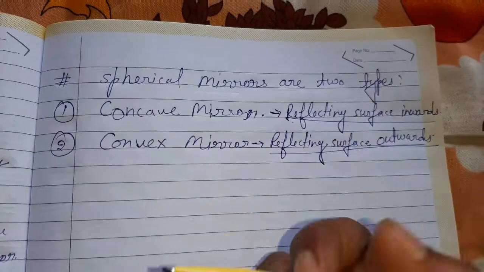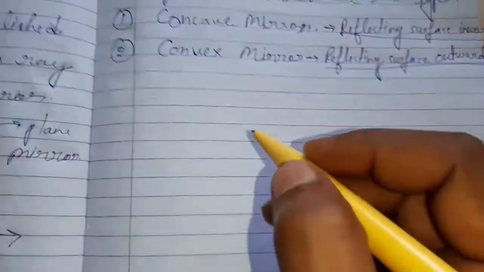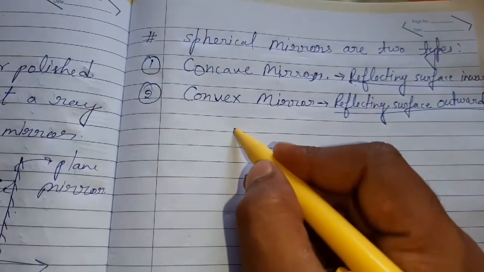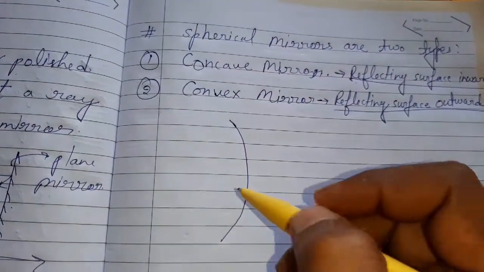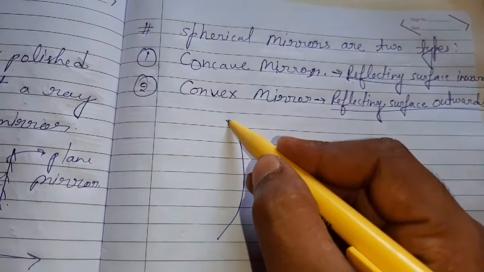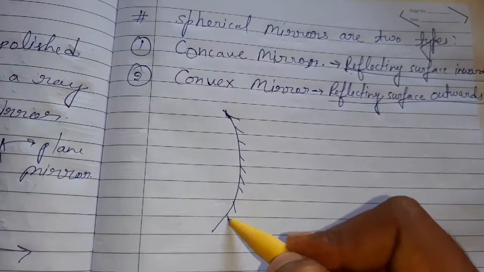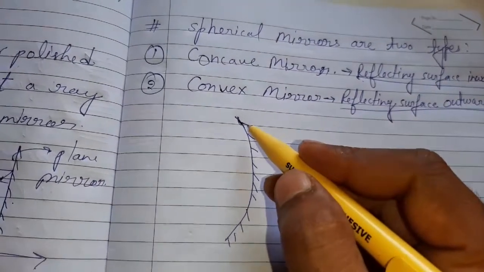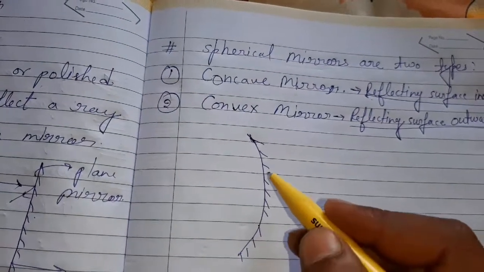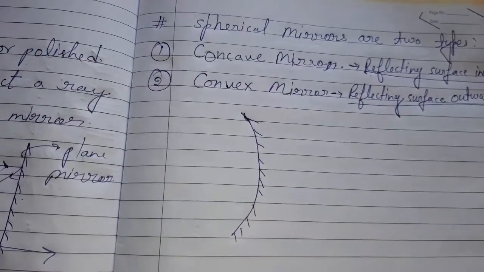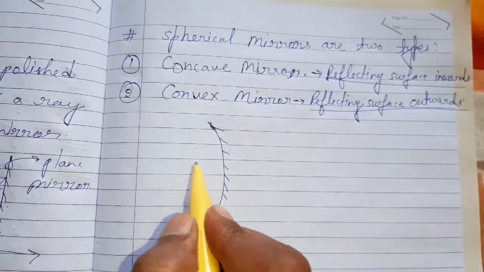What is inward and outward, you can see by this figure. Here the coating is outward and the reflecting surface is inward.